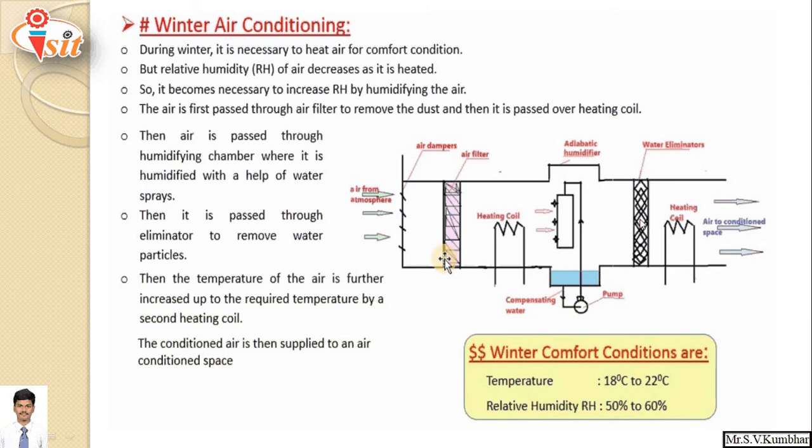Here the small droplets are eliminated and the air is passed through the heating coil again where it is heated, and this hot air is sent to the conditioned space. In winter comfort air conditioning, the temperature of air is maintained at 18 to 22 degrees centigrade and relative humidity is maintained at 50 to 60%.